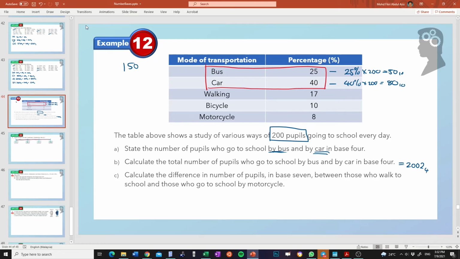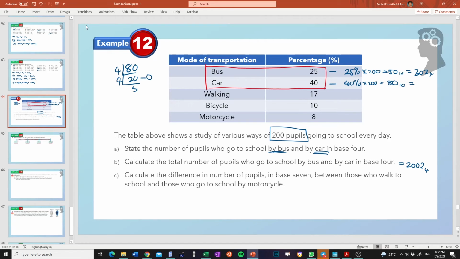So, 50 divided by 4 becomes 12, remainder 2. 4 again becomes 3, remainder 0. 4 again 0 becomes 3. So, this is 302 base 4. And the next one is 80. 80 divided by 4, that becomes 20.